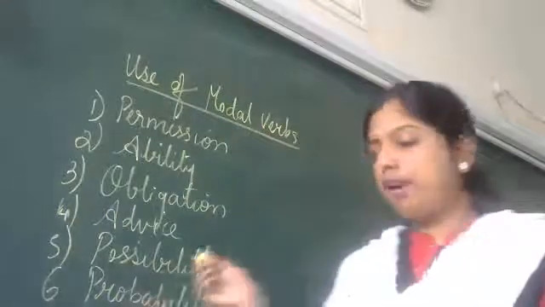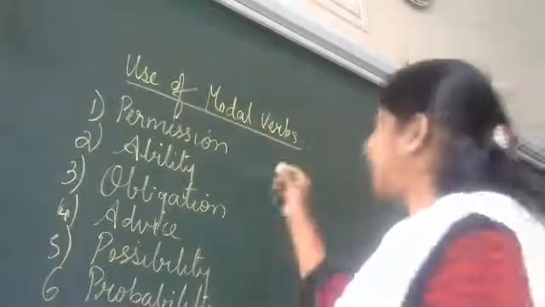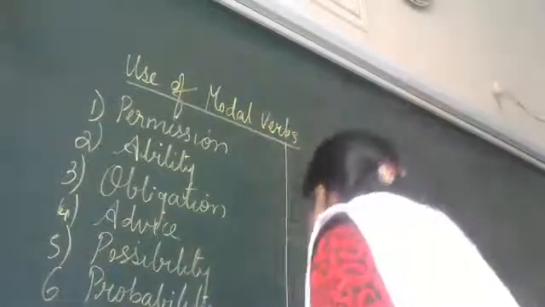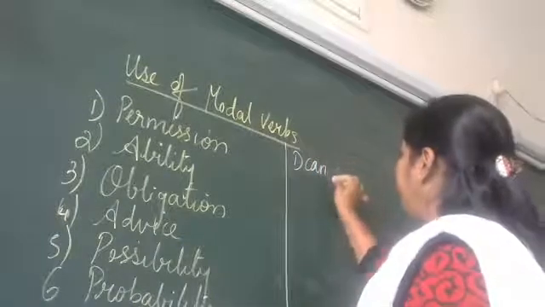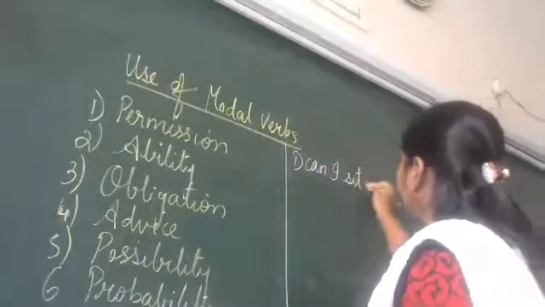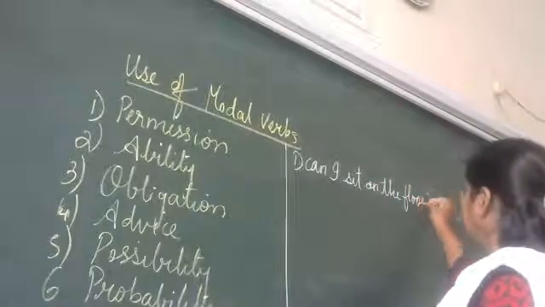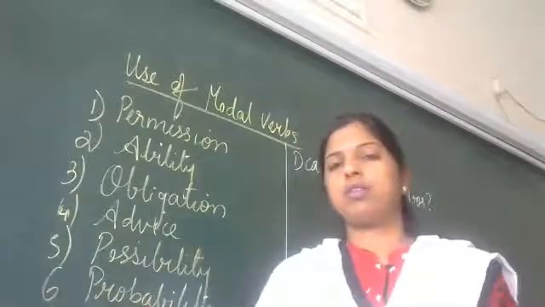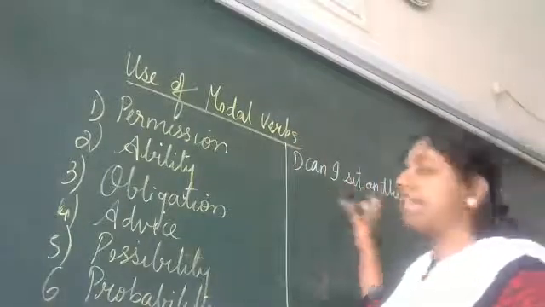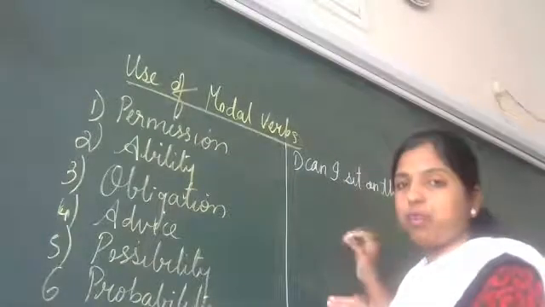Okay, now if I say here, can I sit on the floor? Can I sit on the floor? What does the sentence tell you? First and foremost, see that there is a main principal verb.